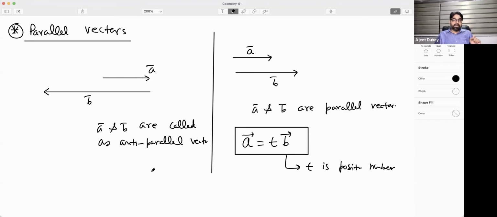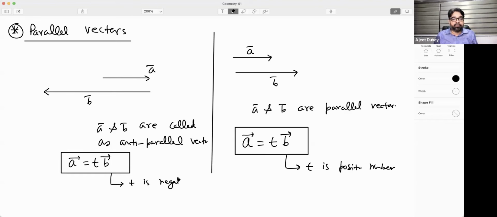Those who are learning for the first time may find a little bit of difficulty, but wait half an hour, you will understand. Suppose these two are anti-parallel, then here also A vector equals some scalar T times B, but in this case T will be a negative scalar. Scalar means some number.